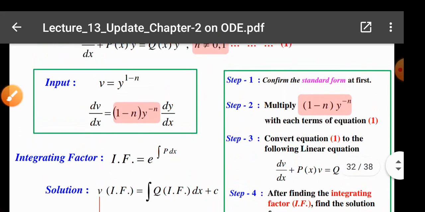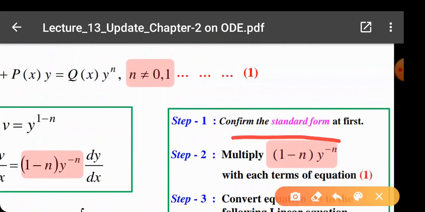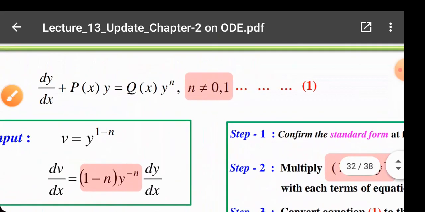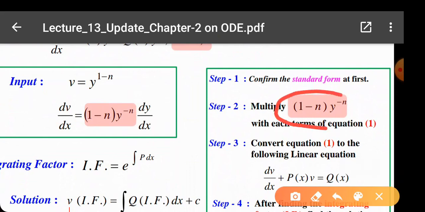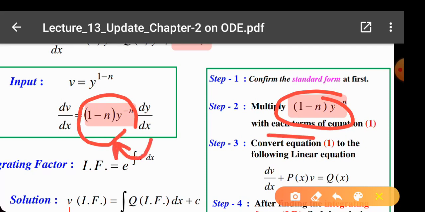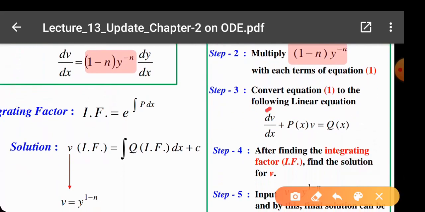Have a look here. That is, in step 1 it is mentioned to confirm the standard form at first. We have to confirm that we have this Bernoulli differential equation. And then in step 2 we have to multiply this one. That means whatever term we get after differentiation, that means before dy/dx, you will get a term that should be multiplied with each and every term, and then automatically the given differential equation will be converted to a linear differential equation for v.